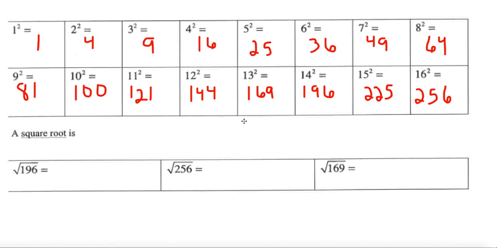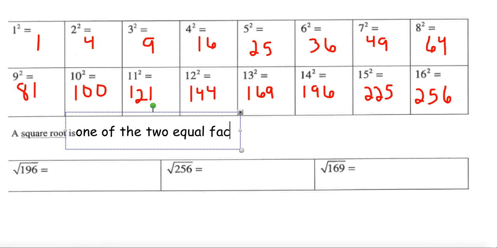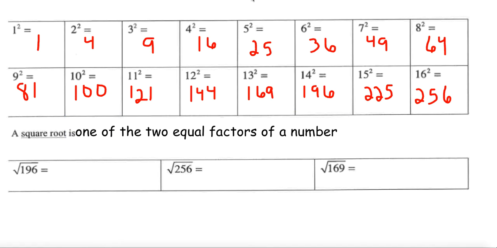So a square root, then, what is that? A square root is one of the two equal factors of a number. One of the two equal, that's the key word there.